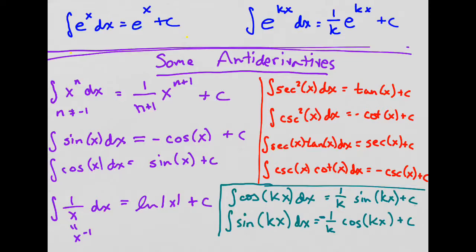Again, this is just reversing the chain rule. I would really recommend at this moment, take a screenshot of this panel, and make sure you have this ready to go in your notes for doing homework and so on.